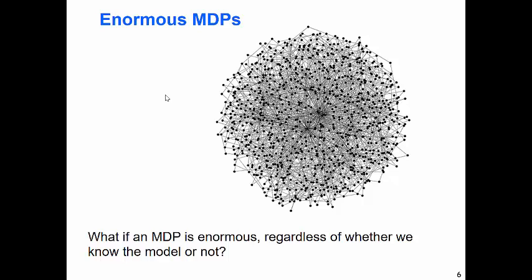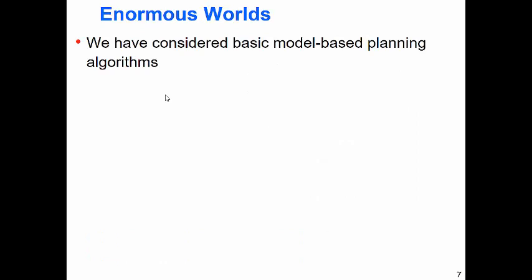When we say table-based, we're basically meaning that you are enumerating all the states in the transition matrix and whatnot, and the basic constraint is you've got a memory constraint first of all, and also a time constraint because these algorithms have to iterate over every individual state. They scale polynomially in the number of states, which in some cases is going to be way too large. That's the problem with enormous worlds.